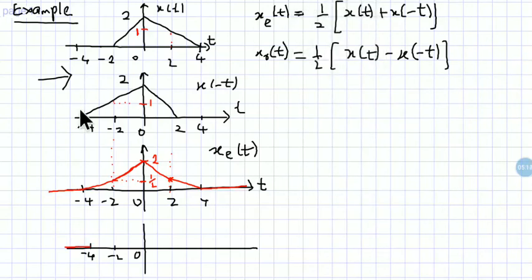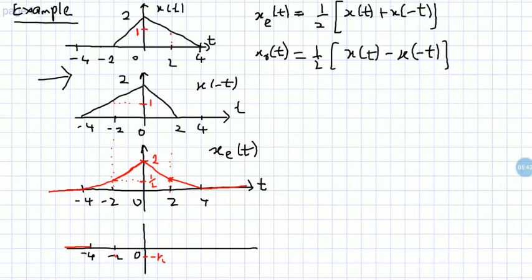Then between minus 4 and minus 2, we have 0 minus something, and divide by 2, so it's even smaller. At the point minus 2, we have 0 minus 1 divided by 2, so we have minus half.